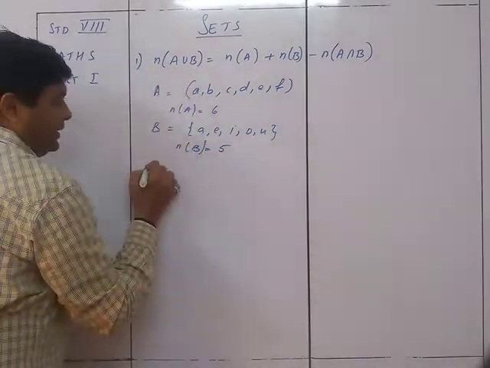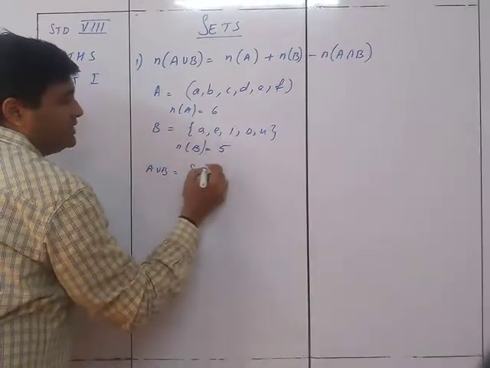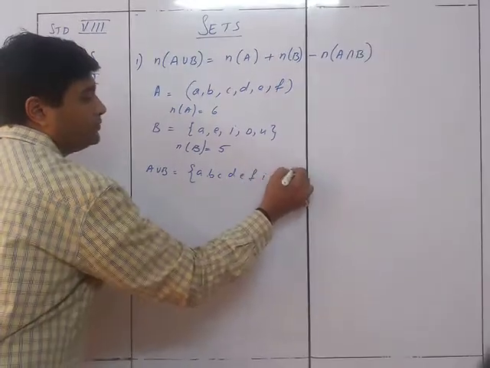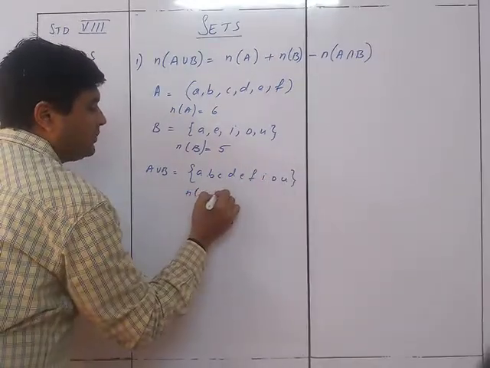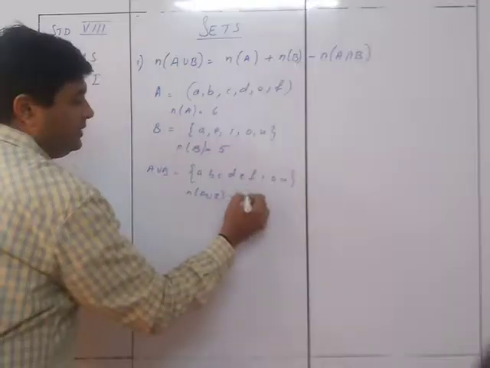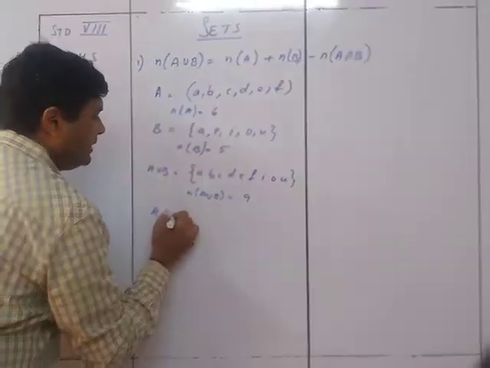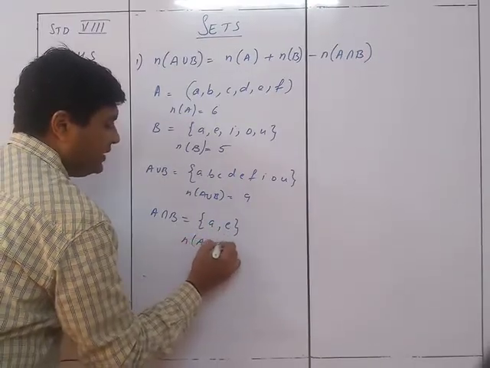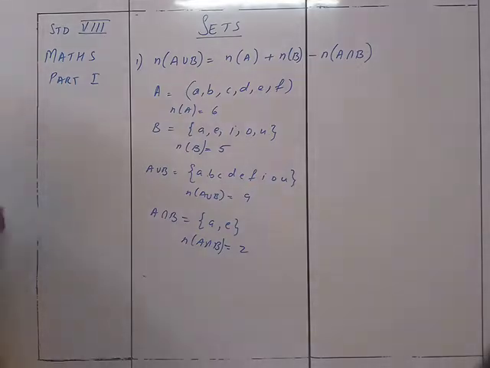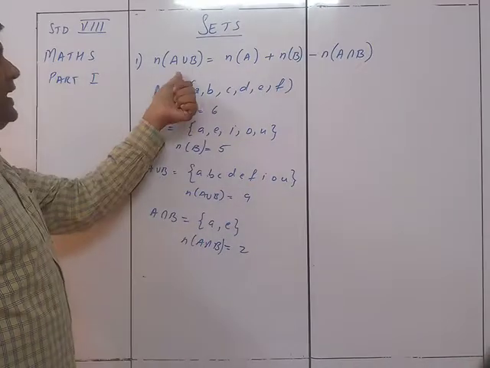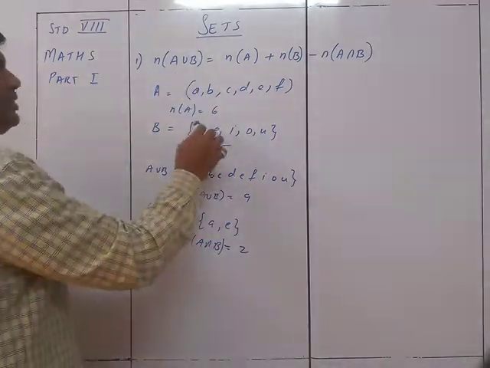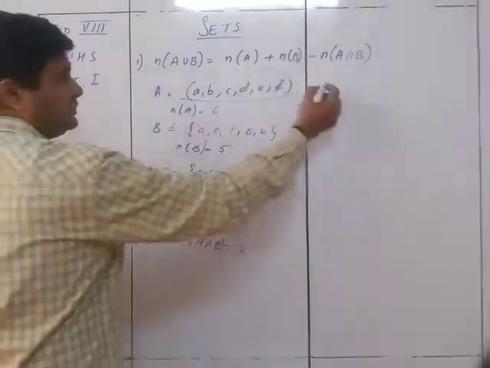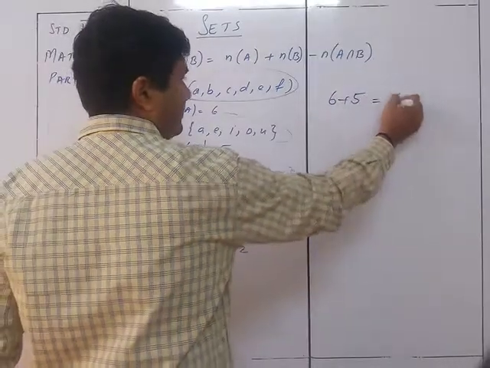So n(A union B). A union B will be having all the elements, that is a, b, c, d, e, f, and then i, o, u. So n(A union B) will be equal to 6, 7, 8, 9. Whereas A intersection B will be a and e, that is n(A intersection B) will be equal to 2. So you can see over here, first what we did is we added this and this, so that is 6 plus 5, that is 11.